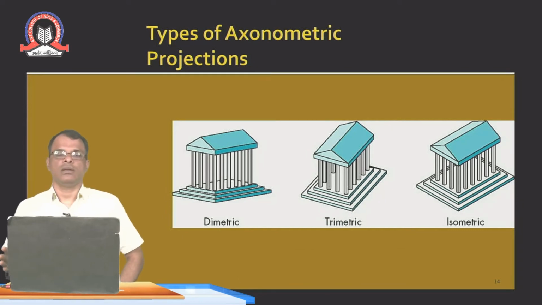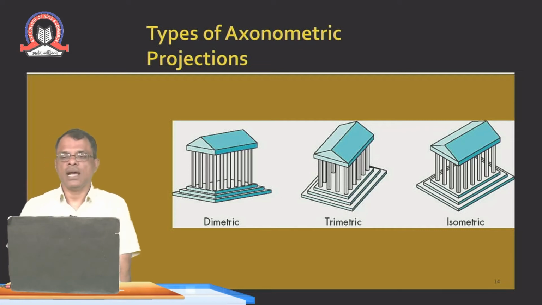If you draw with dimetric, two axes we are considering, and with the help of the angle, we are drawing the same object on paper. Then trimetric, here three dimensions, and then isometric. If you see, isometric views are much better to define the shape.